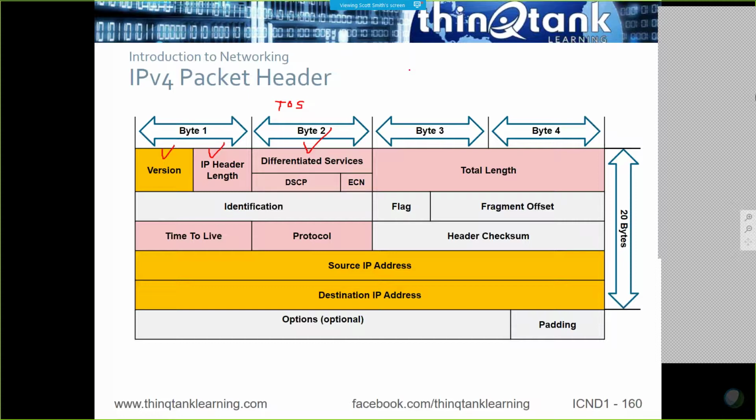And if you exceed that threshold, that data that exceeds the threshold gets dropped. That's what policing does. Shaping doesn't drop the exceeded data, it queues or buffers the exceeded data. So shaping is a little bit less aggressive, but it still manipulates or manages bandwidth.